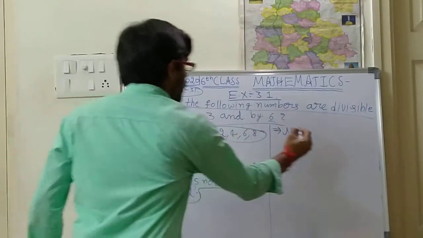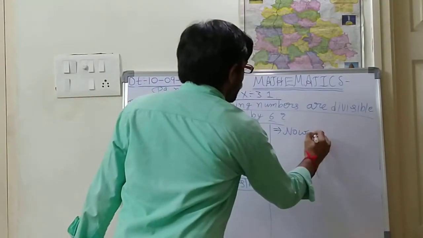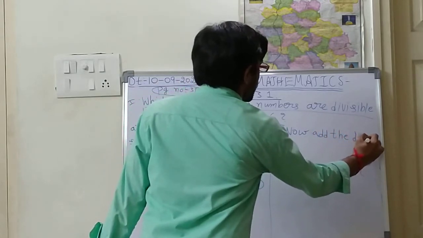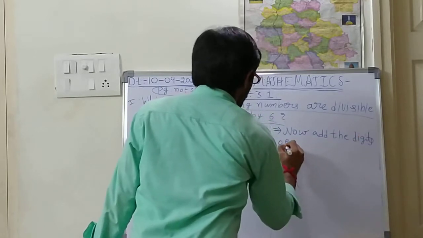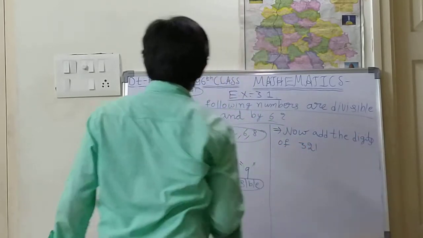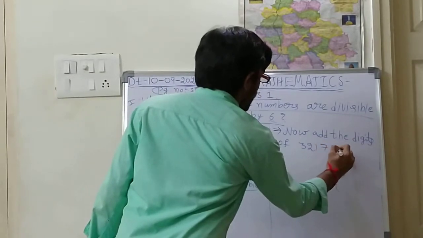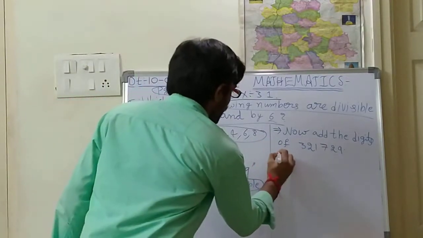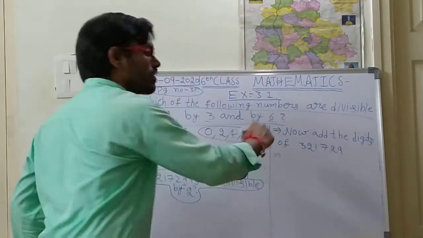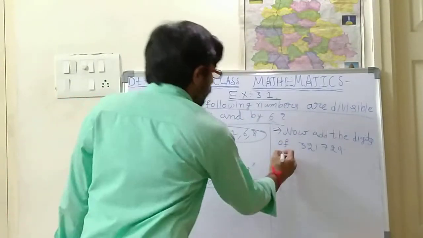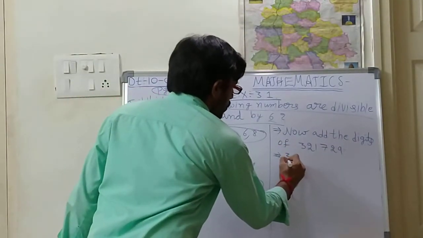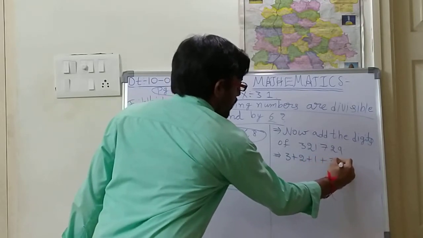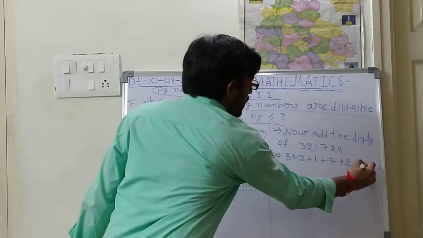Now add the digits of 3, 2, 1, 7, 2, 9. We should add all these digits, and by adding them we see what answer we get. So 3 plus 2 plus 1 plus 7 plus 2 plus 9.